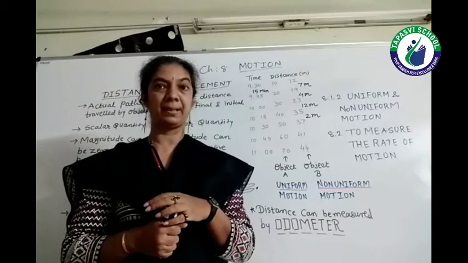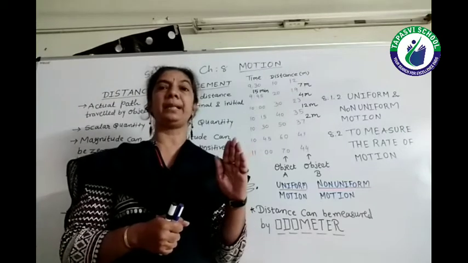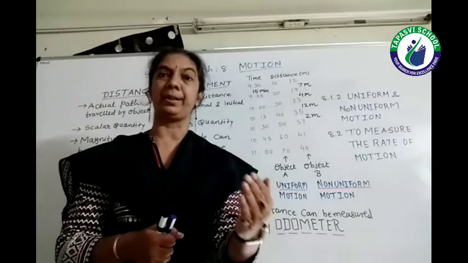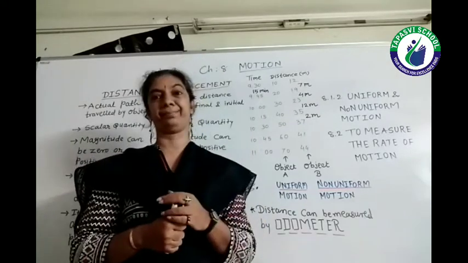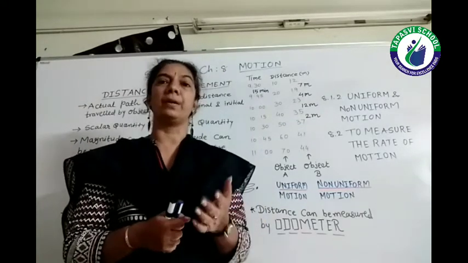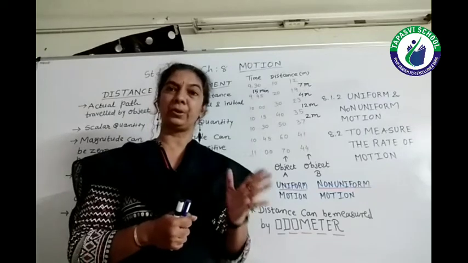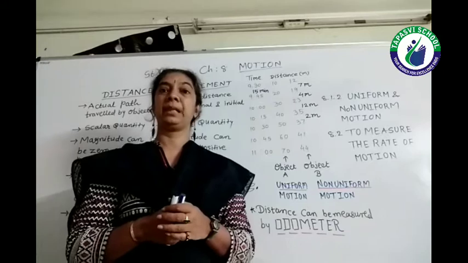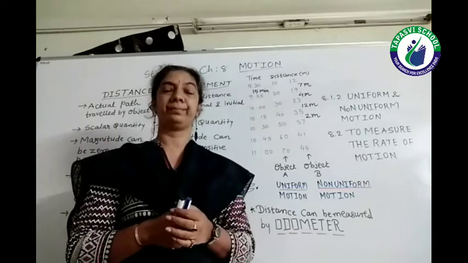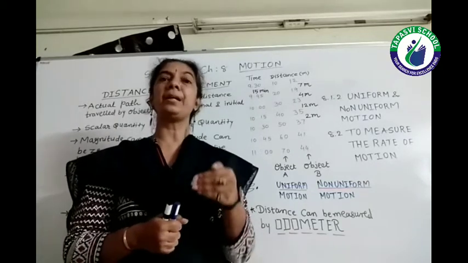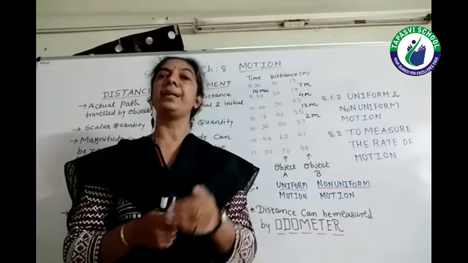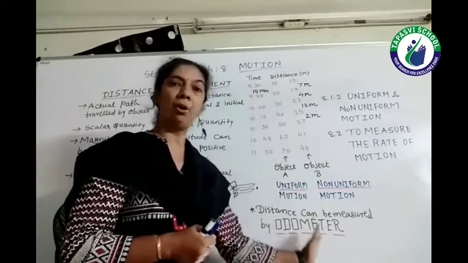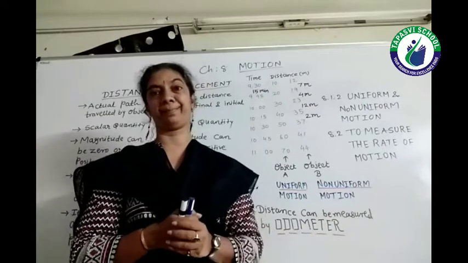It is not possible that in every 15 minutes I can cover 10 meters always. We have lots of hurdles, crossroads, some diversions, traffic is also there. So everywhere we cannot travel equal distances, so practically we always have non-uniform motion.